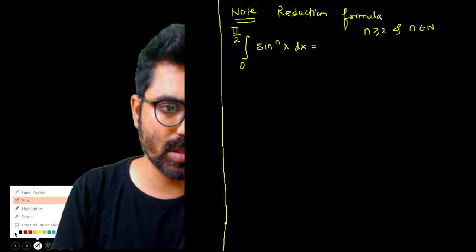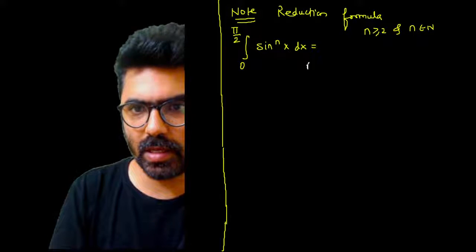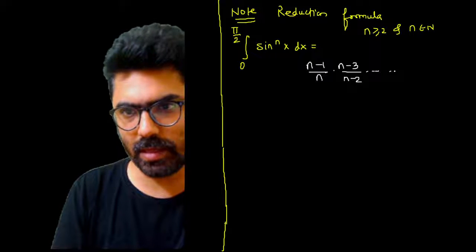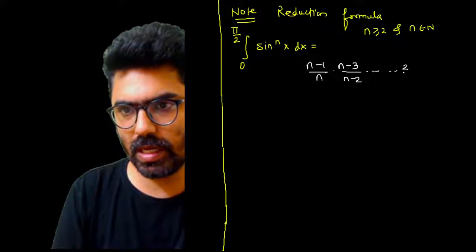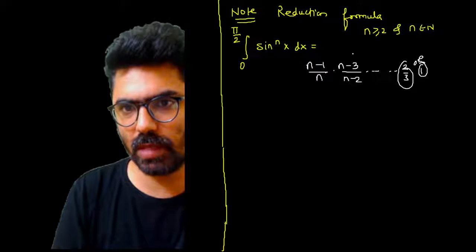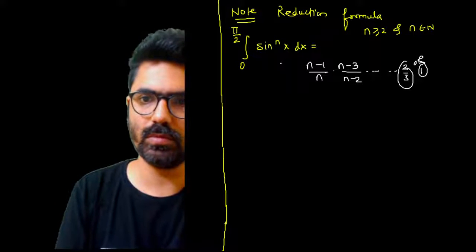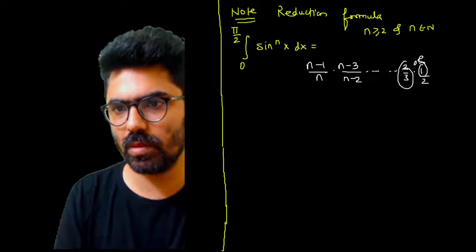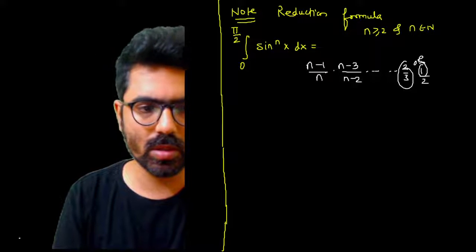The formula is like this: you have to write n minus 1 upon n, into n minus 3 upon n minus 2. Then you have to keep on multiplying. In the end, either 2 by 3 or 1 will come, or 1 by 2 will come, depending upon whether n is even or odd.